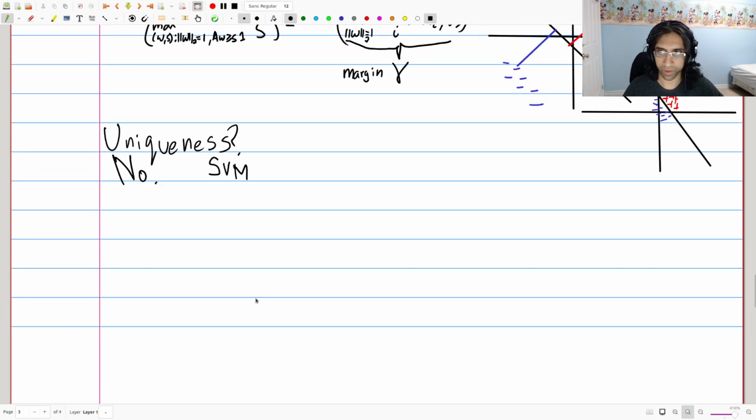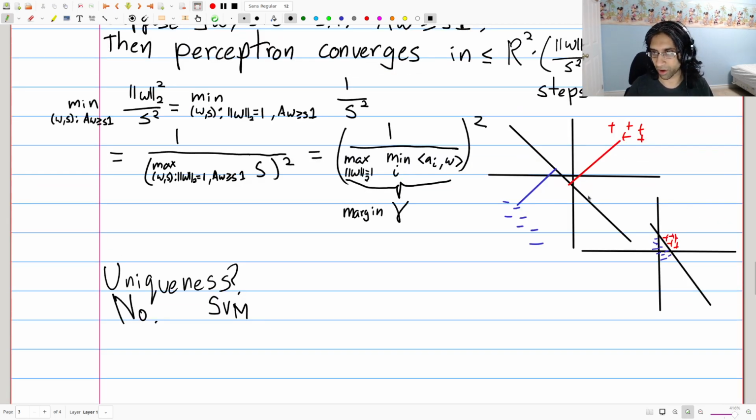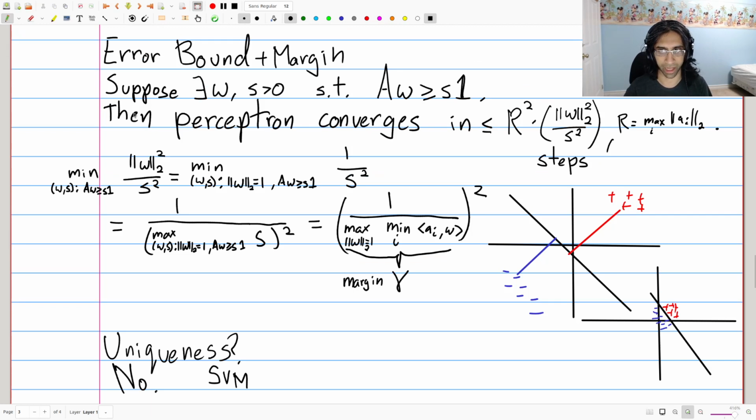An important point is what happens if the data is non-separable? All these data sets which I've drawn here are separable, which is very nice because that means the Perceptron convergence theorem says it's actually going to halt. But if it's not, then you're out of luck.